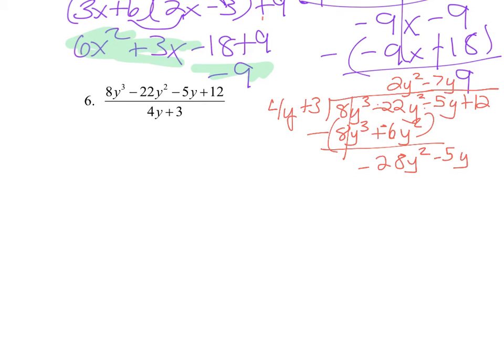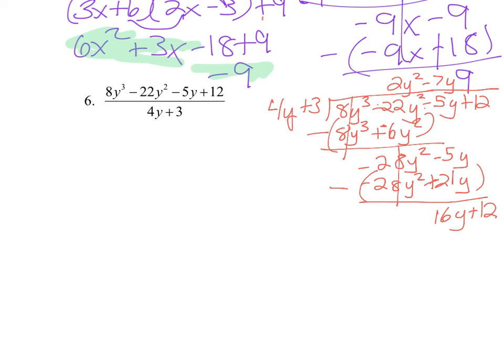Minus 7y. I multiply that out. I get a negative 28y squared and a negative 21y. When I subtract these, the 28y squared goes away and the 21y becomes positive. So now I have 16y and I bring down the 12.